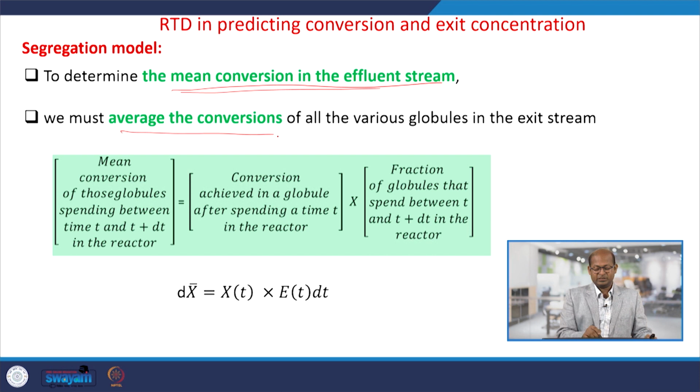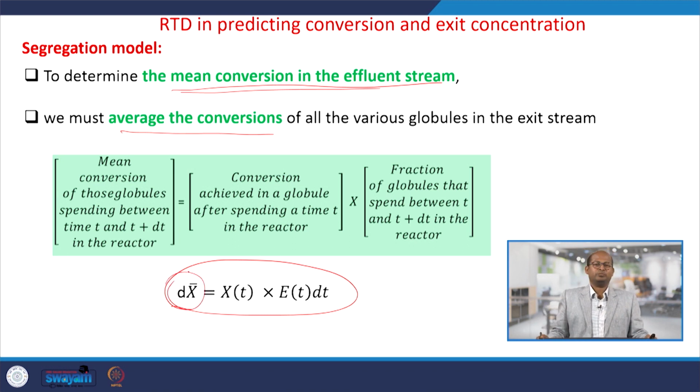The average conversion over all the globules is the exit stream conversion. Here dX bar is the mean conversion of those globules spending between time t and t plus dt in the reactor, and this is X(t), the conversion achieved by each globule after spending time t inside the reactor.